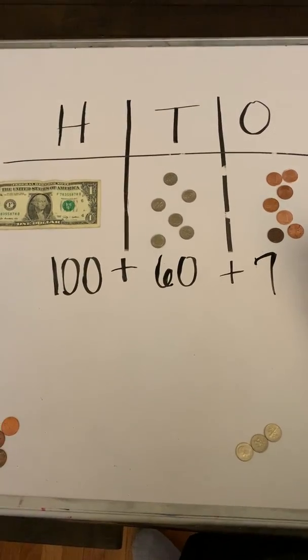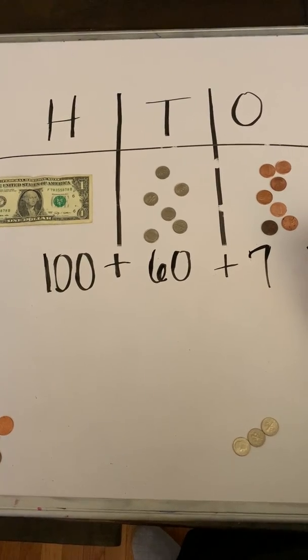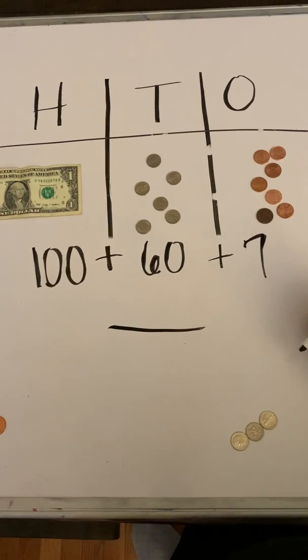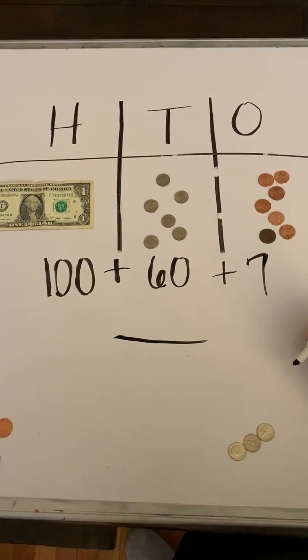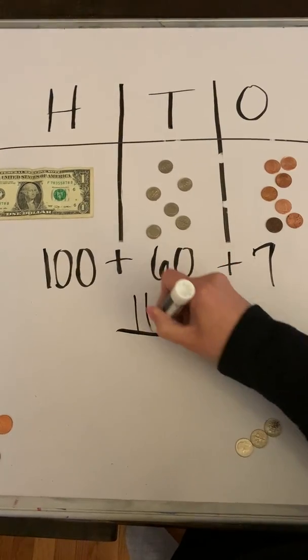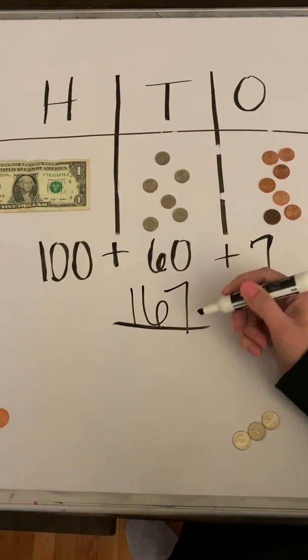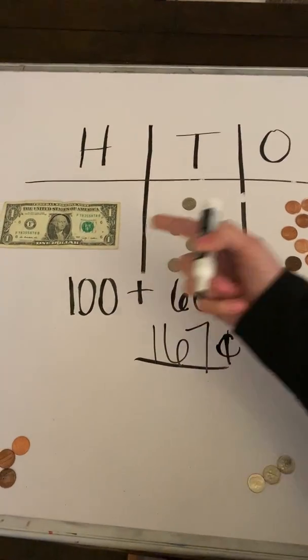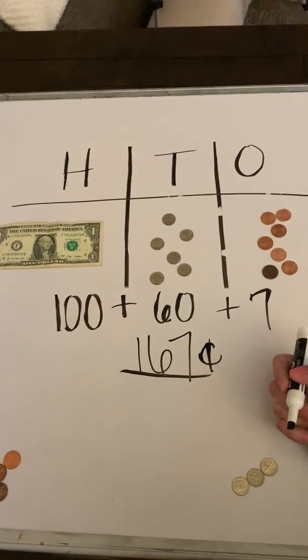So 100 plus 60 plus 7. That's the expanded form. Can you change it to standard form? You're right, 167. Because we're counting money, don't forget that cent sign, it's 167 cents.